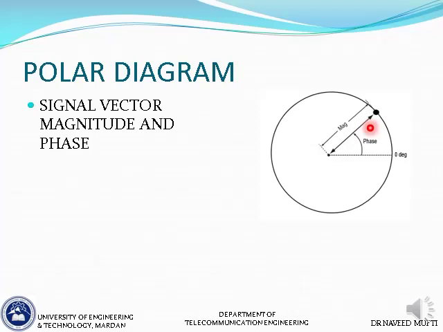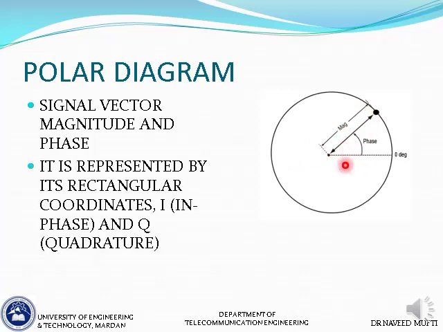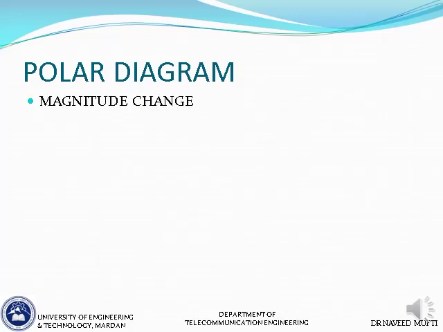So the vector representation can have a magnitude and phase representing the amplitude and phase of your signal, and it can be represented also by its rectangular coordinates. If we split this into its rectangular coordinates, one will be the real component, one will be the imaginary component. The real one is called in phase, the imaginary one is called quadrature.